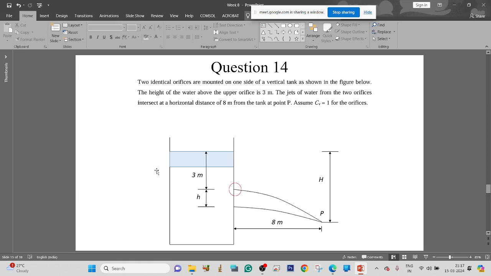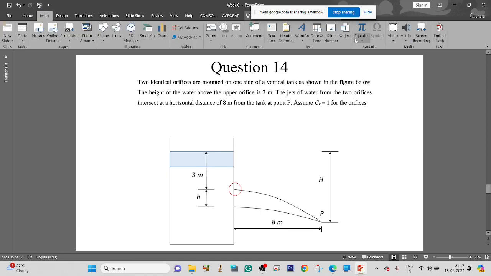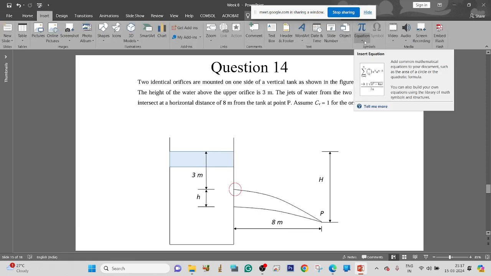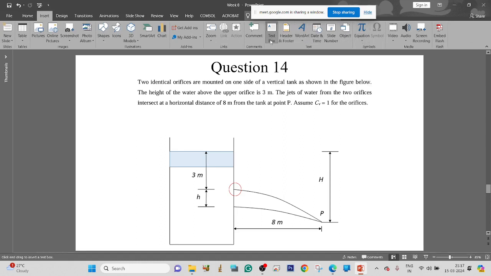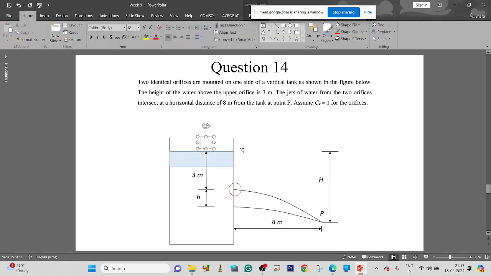Now, applying Bernoulli's equation between the top water level and this point, let's suppose this is point 1 and this is point 2 for now.